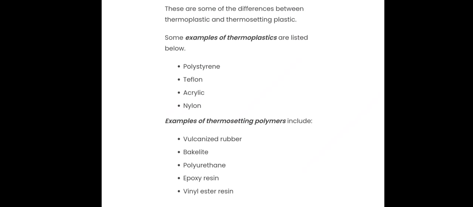So you can see it here. The examples of thermoplastics are polystyrene, Teflon, acrylic, nylon, whereas examples of thermosetting polymers or plastics are vulcanized rubber, bakelite, polyurethane, epoxy resin, and vinyl ester resin.